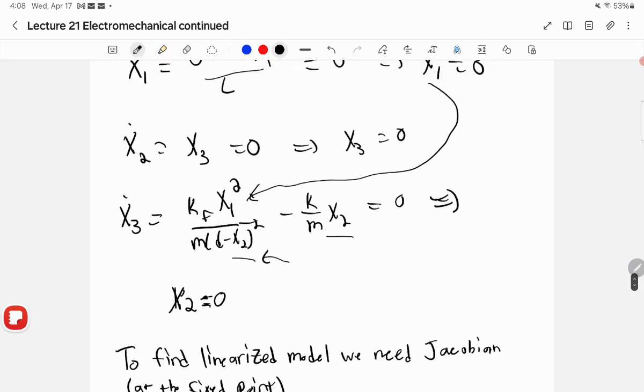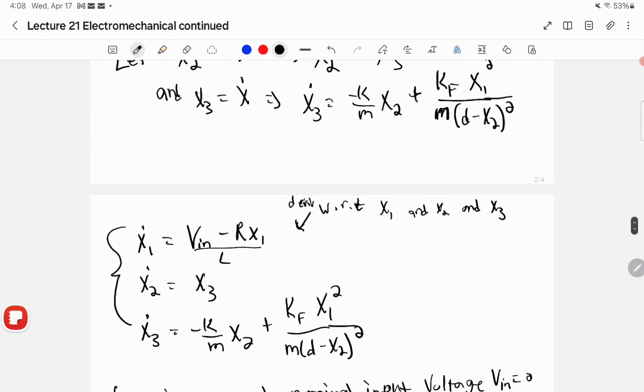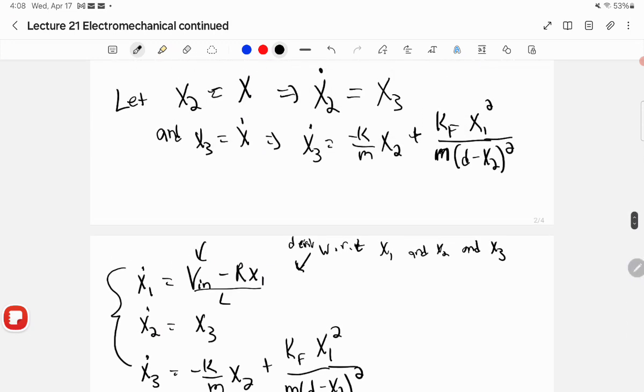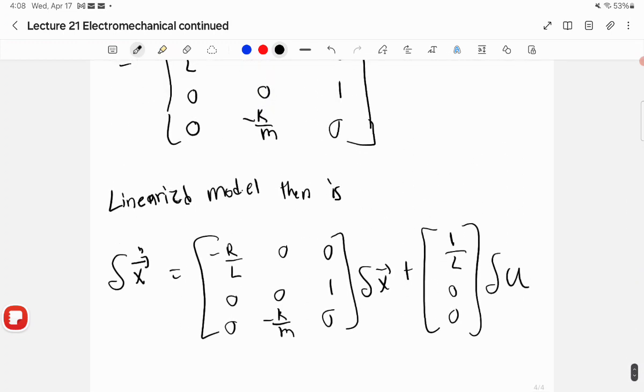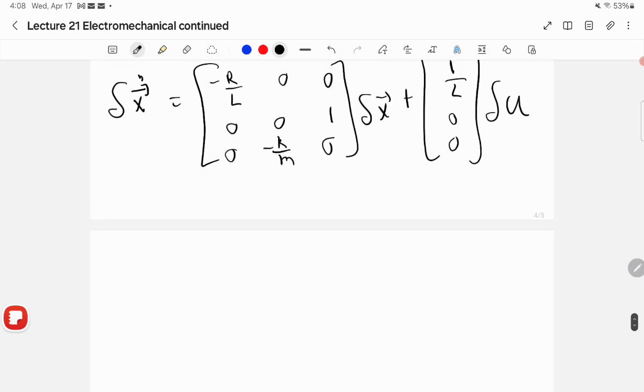Because obviously the input term is linear, so when you linearize it, it just becomes a linear term delta u, right? With the appropriate multiplication that happens there.